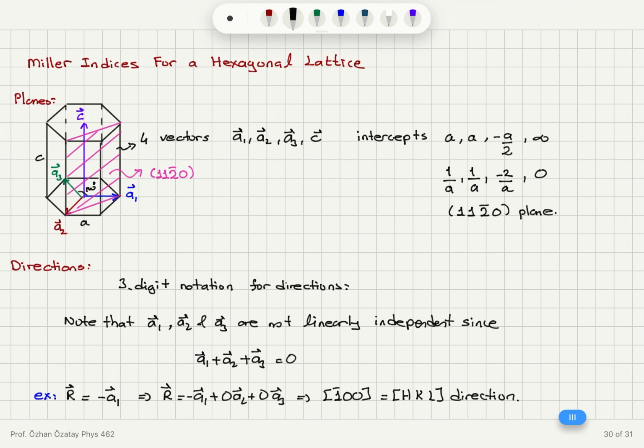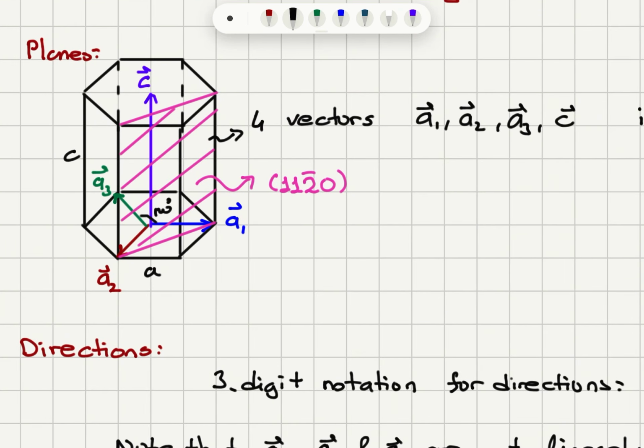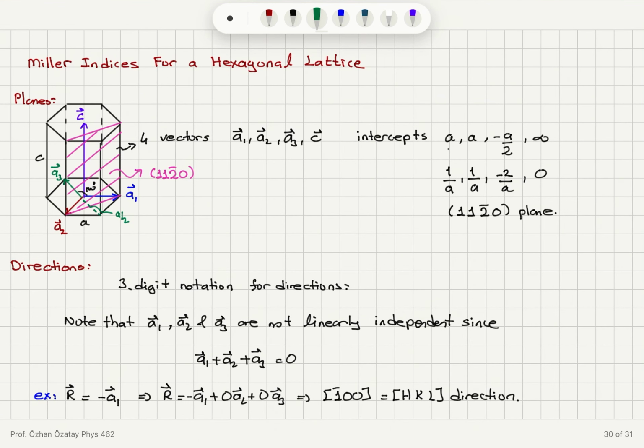For the a3 vector, which is pointing in this direction shown by the green arrow here, I see that the plane actually goes through and intercepts the axis that contains a3 at minus a over 2. And for the z-axis, it's parallel, so it doesn't have an intercept with the axis that contains the c vector.